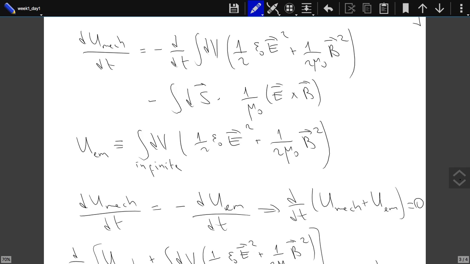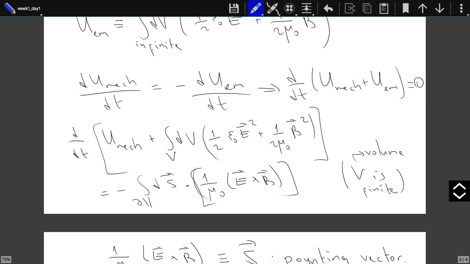And then we said, okay, let's not talk about the energy in all of the universe, but let's just look at the energy in some finite volume. The conservation will tell me that the energy in that finite volume, its time derivative need not be zero, because some of the energy can be flowing out of my volume. But that flow I should be able to write in terms of a surface integral.